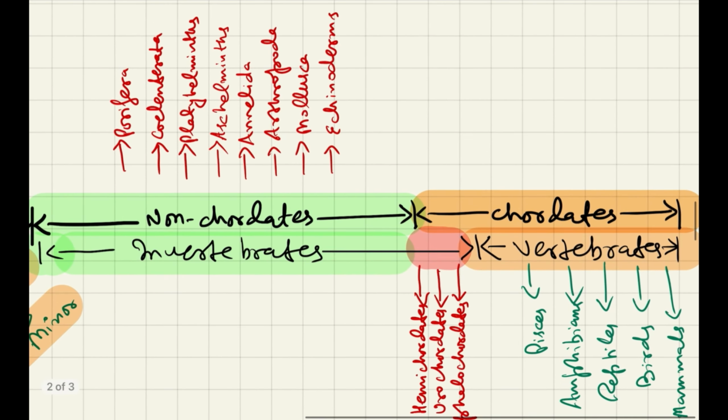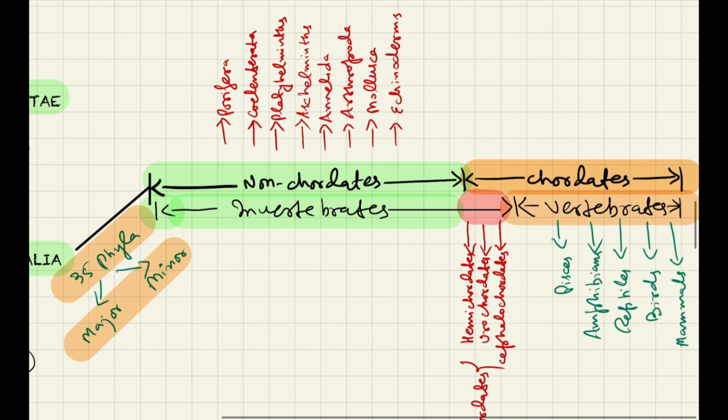The important concept here is something we often misunderstand, or I can say there is a lack of conceptual clarity on this. We know that chordates and invertebrates are different things, but most often there is a misconception between chordates and invertebrates.